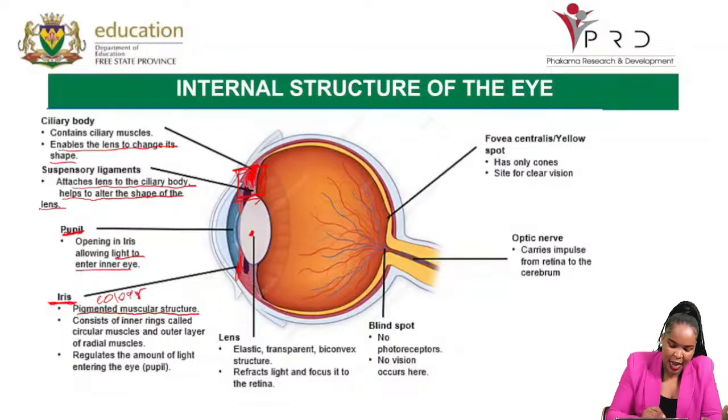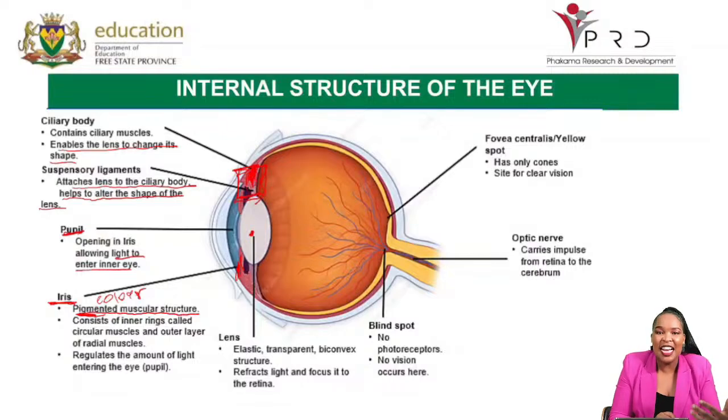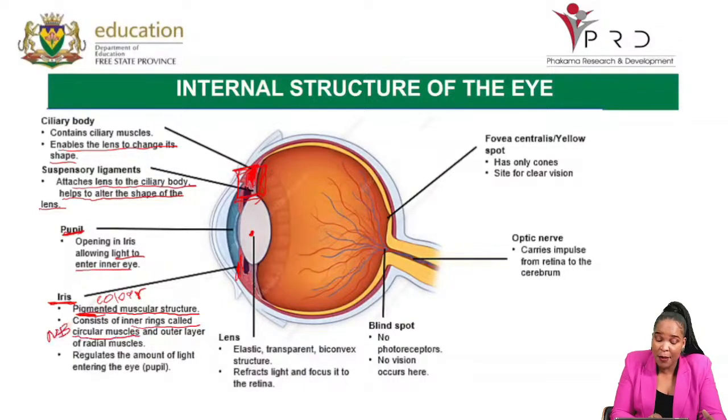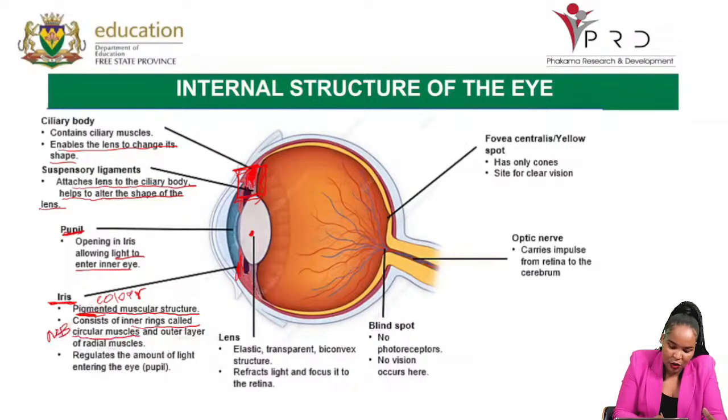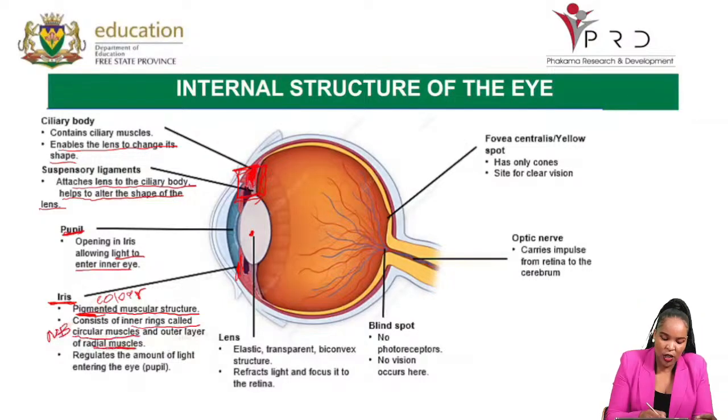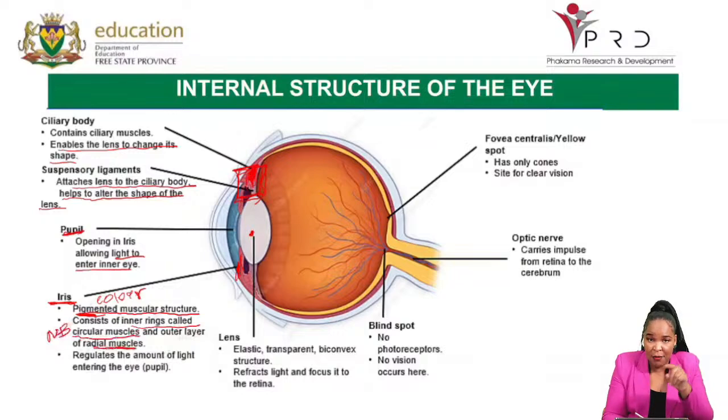The iris is the one that gives your eye its colored part. Then it consists of the inner rings that are called the sphincter muscles, very important, and the outer layer called the radial muscles. We are going to talk about those muscles later on. So the iris has the radial muscles and the sphincter muscles.